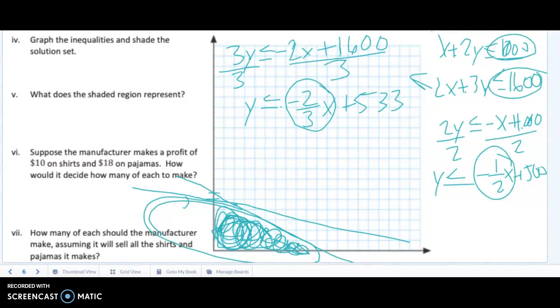Okay, now I could find it out by solving for one or the other. I could take this.